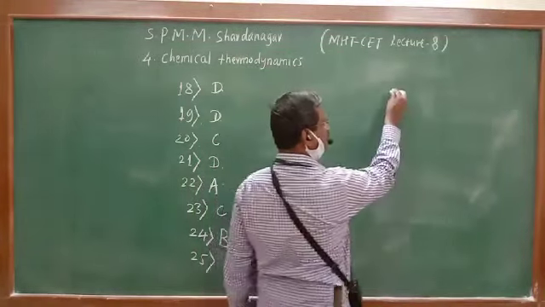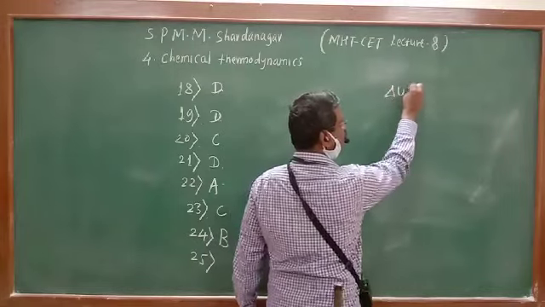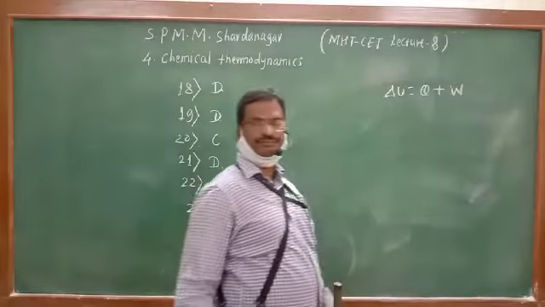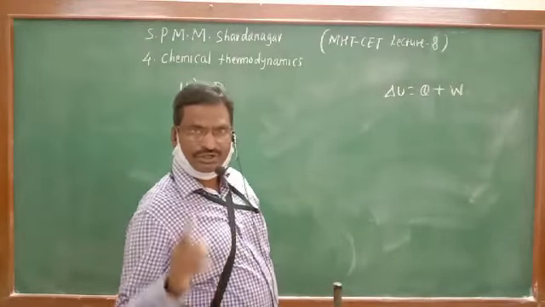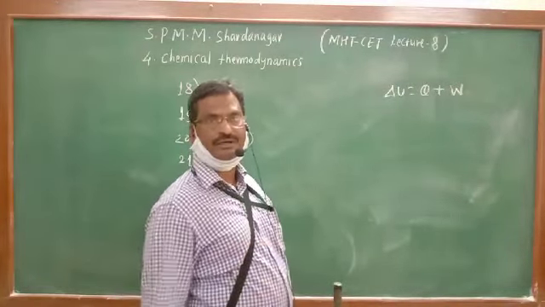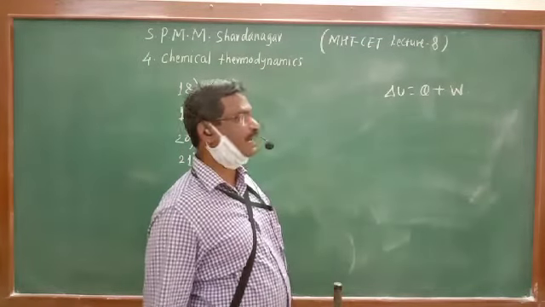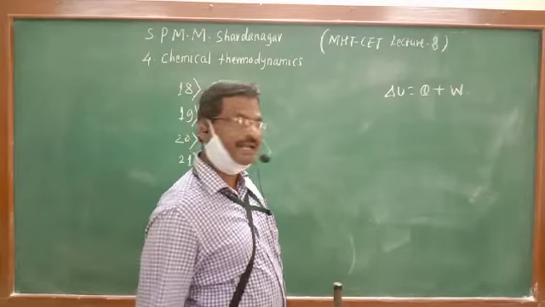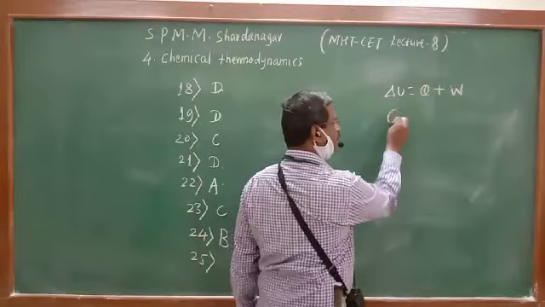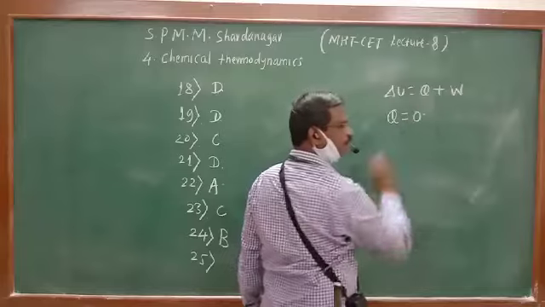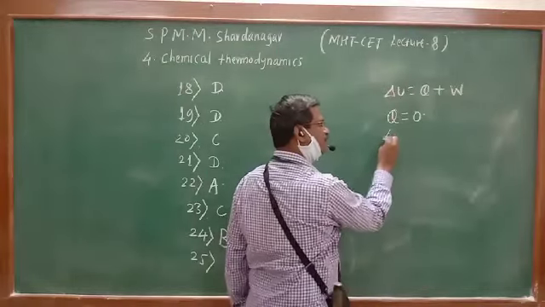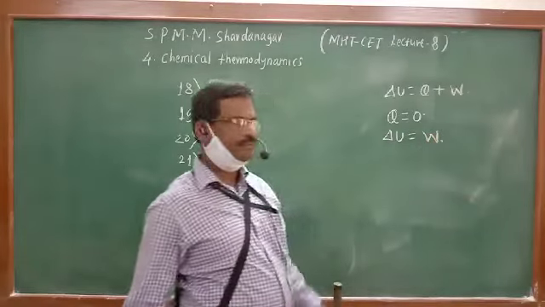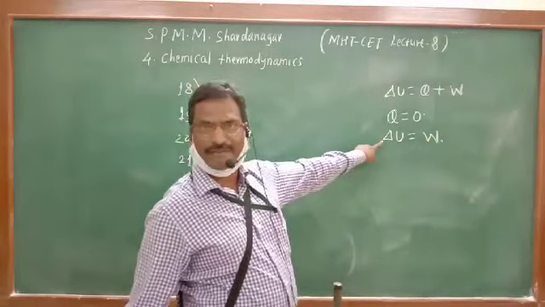First law of thermodynamics: delta U is equal to Q plus W. We know for an adiabatic process Q is equal to 0. Therefore, what is the equation left behind? Delta U is equal to W. So this is the equation for an adiabatic process.